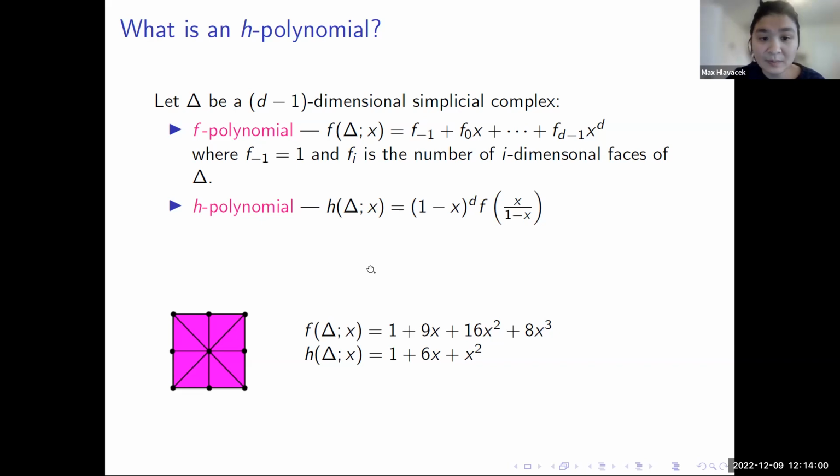Another reason people like the h-polynomial is that the Dehn-Sommerville equations I just mentioned, which have this complicated formula relating coefficients of the f-polynomial for simplicial spheres, say in the h-polynomial world only that the h-polynomial is symmetric. So some important theorems and relations are very nicely formulated in the h-polynomial world when they're a bit more messily formulated in the f-polynomial world.